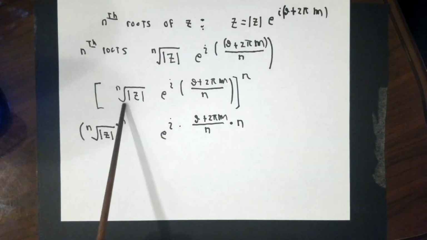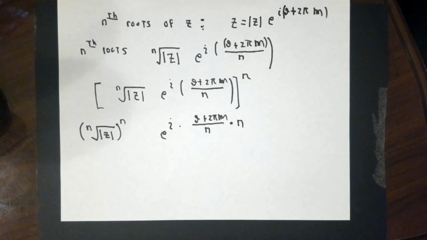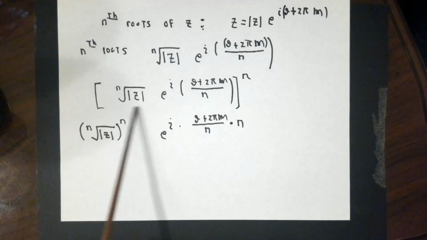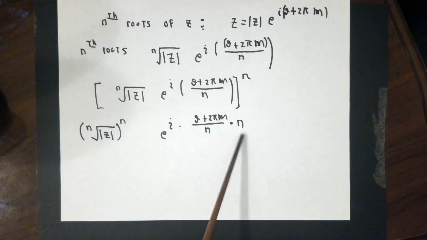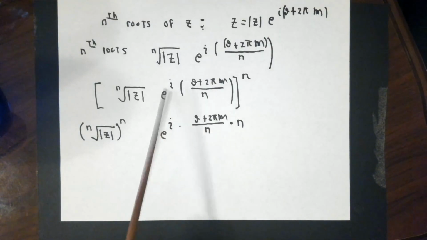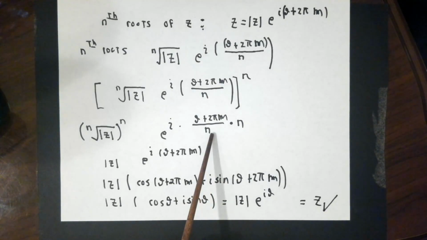So if I take one of these quantities of interest and raise it to the n power, properties that we have already figured out tell us that this is going to be the nth power of the nth root of the modulus of z, and because of the way the e to a symbol connected to multiplying cosine of thetas plus i sine thetas, we know that it's okay to write this as that. So I cancel the n's out.